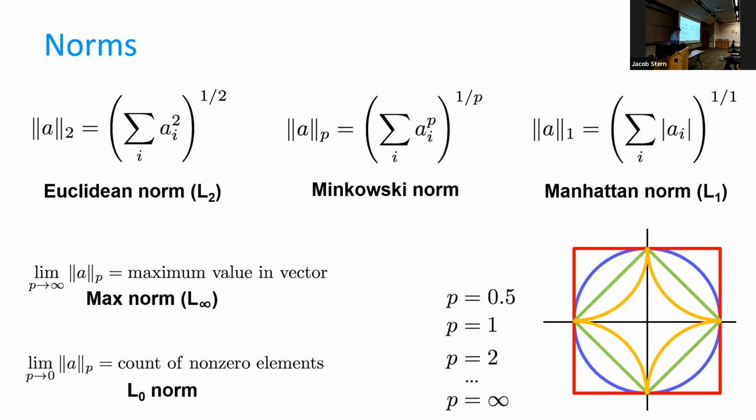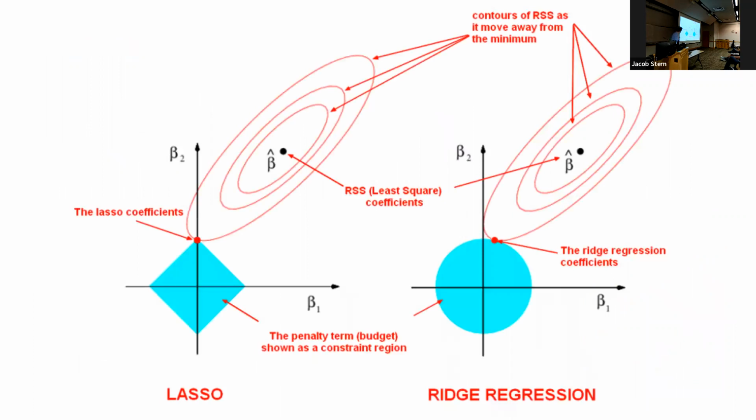And then finally, the L0 norm is the limit as we take p to 0. We get basically just this cross, where it's the count of non-zero elements. We're just going to focus though on L2 and L1.